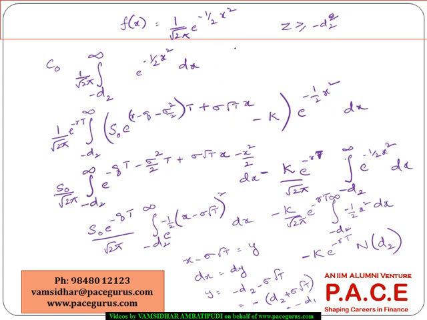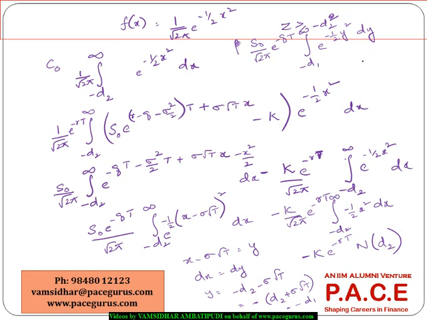So the first part is s naught by root 2 pi e to the power of minus qt, integrated from minus d1 to infinity of e to the power of minus half y squared dy.